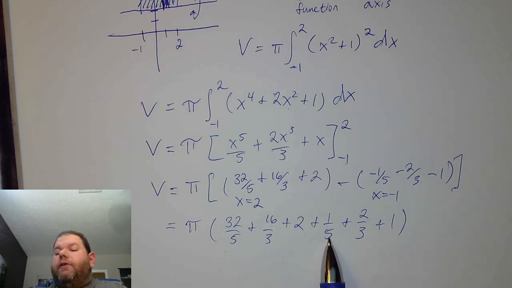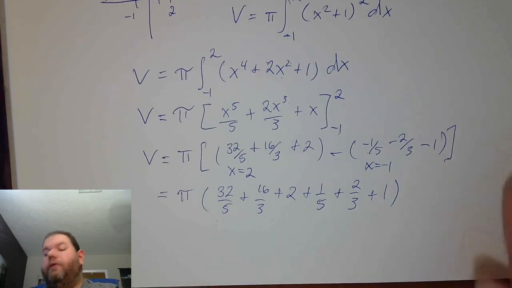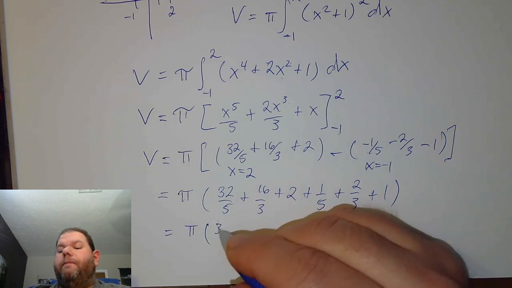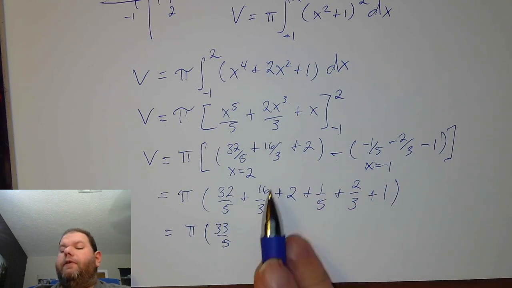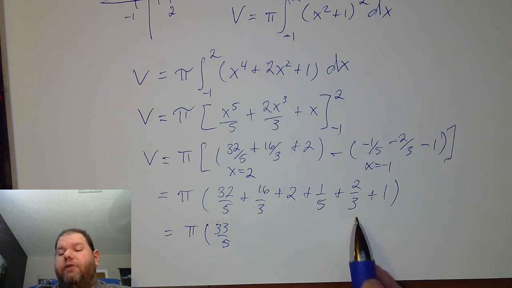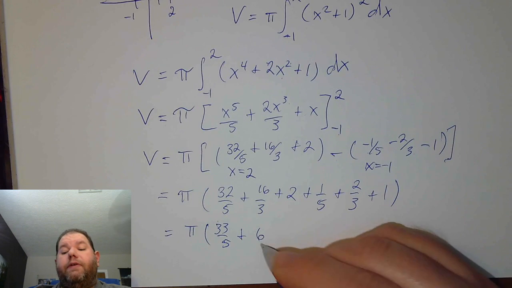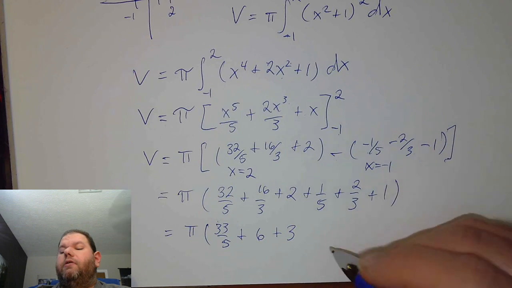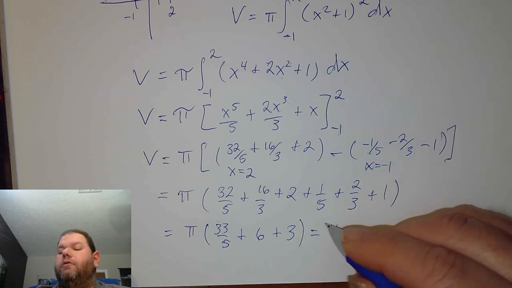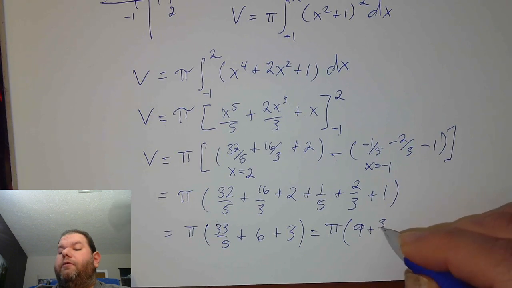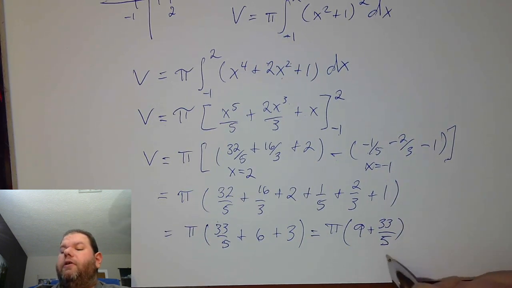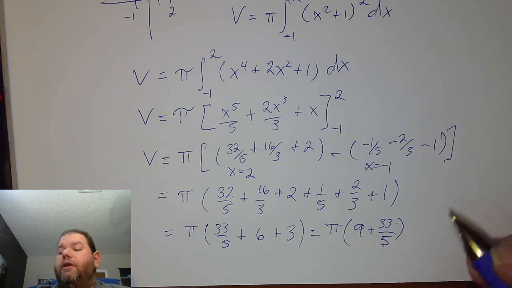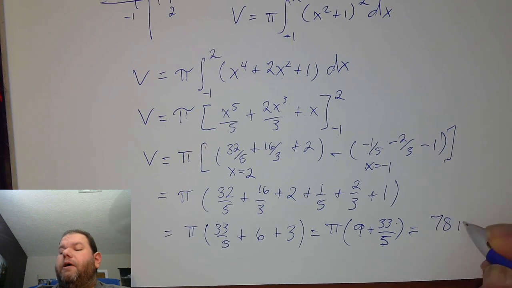Adding our fifths together, that's 33 over 5. 16 over 3 plus 2 over 3 is 18 over 3, which is just 6, and then 2 and 1 makes 3, so 9. So 9 plus 33 over 5. 5 times 9 is 45 plus 33 is 78 pi over 5.